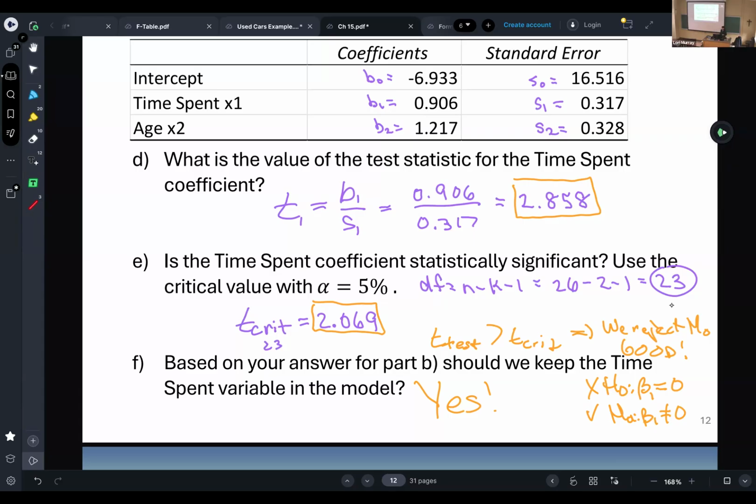So that's good. Even though it's 0.906, I would almost want to do a confidence interval on it too and see how close the lower bound gets to 0, because sometimes that can tell us the effect size. How much of an effect does this have on sales?